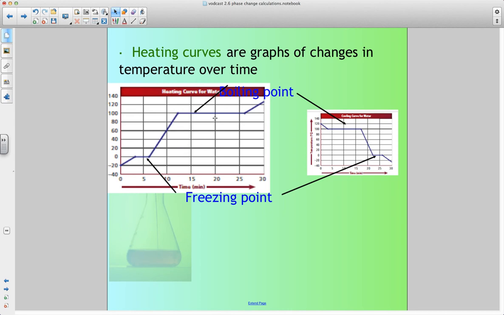Now, if it's going up to the right, that's indicative of a heating curve. And conversely, if it's going down to the right, that's indicative of a cooling curve. Okay, again, the slopes represent temperature changes, and these are the actual boiling and freezing points.